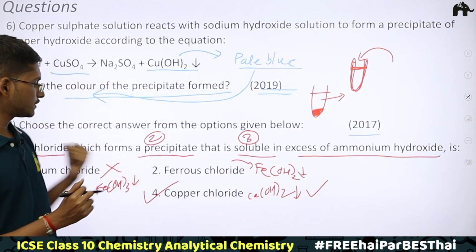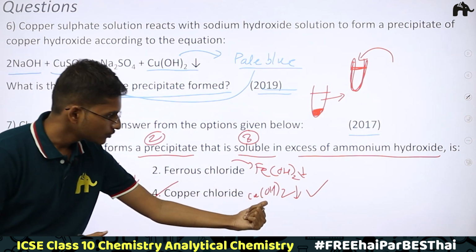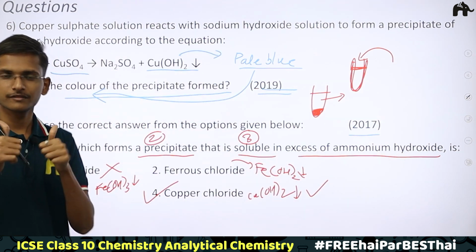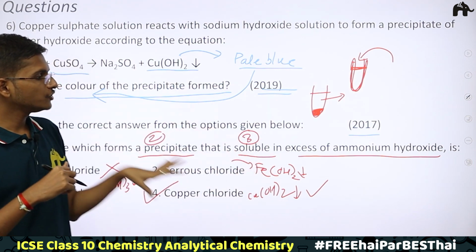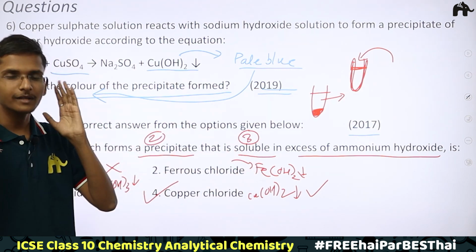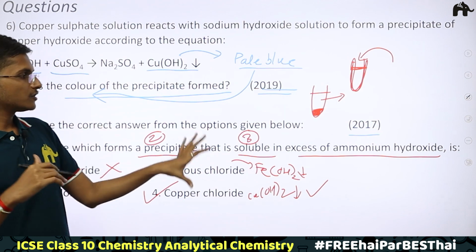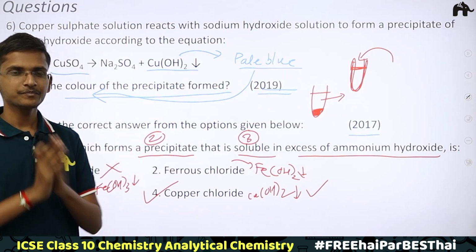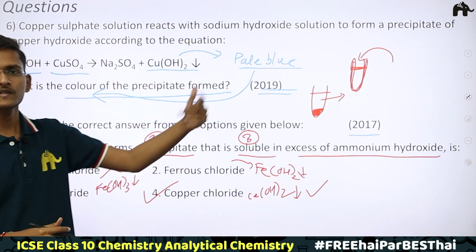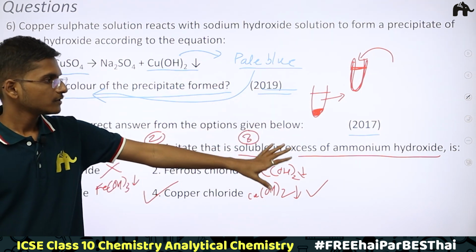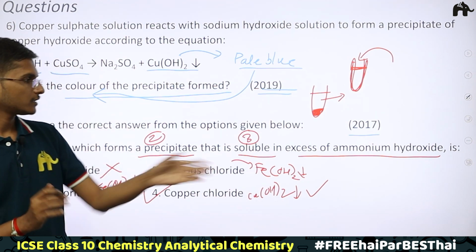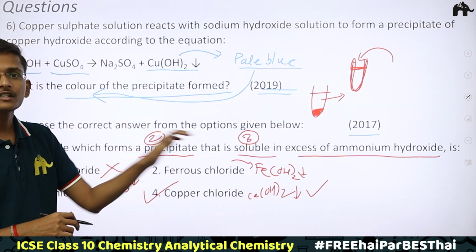This chloride forms a precipitate which is soluble in excess of ammonium hydroxide. Very simple. In this way you have to reach the answer by applying the concepts. In this question we applied the solubility concept, the precipitate formation concept, and the concept of adding excess of a reagent to see whether the precipitate dissolves or not.